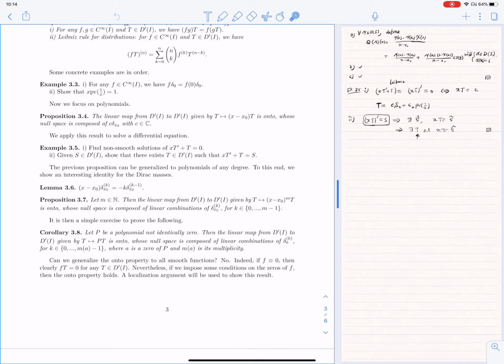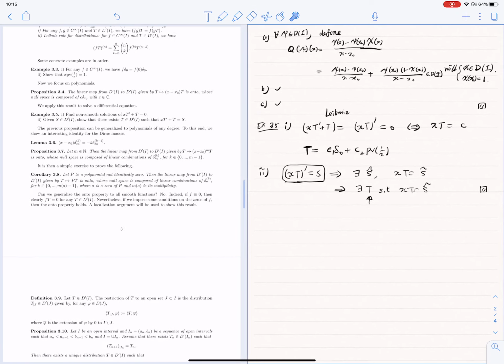So the derivative of that guy times x minus x naught is equal to a constant times that distribution. There are many interesting identities about Dirac masses, and this is the one we're going to use to prove a generalized version of proposition 3.4. Okay, let's do this.